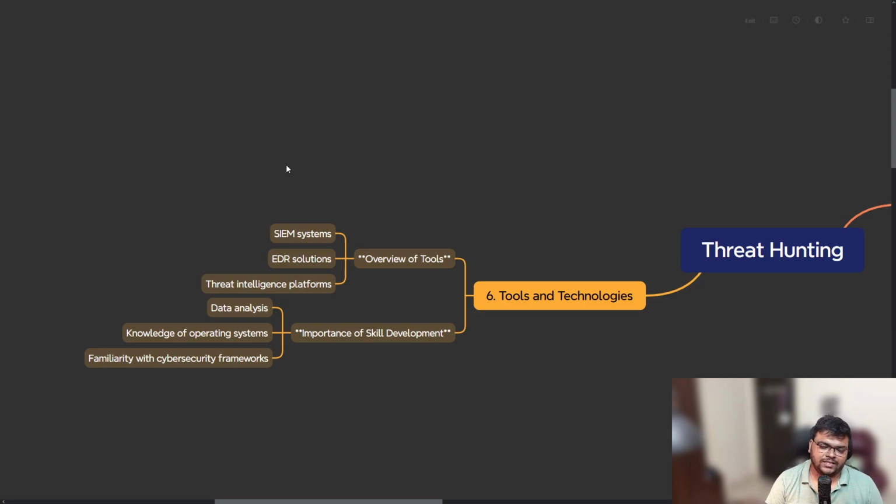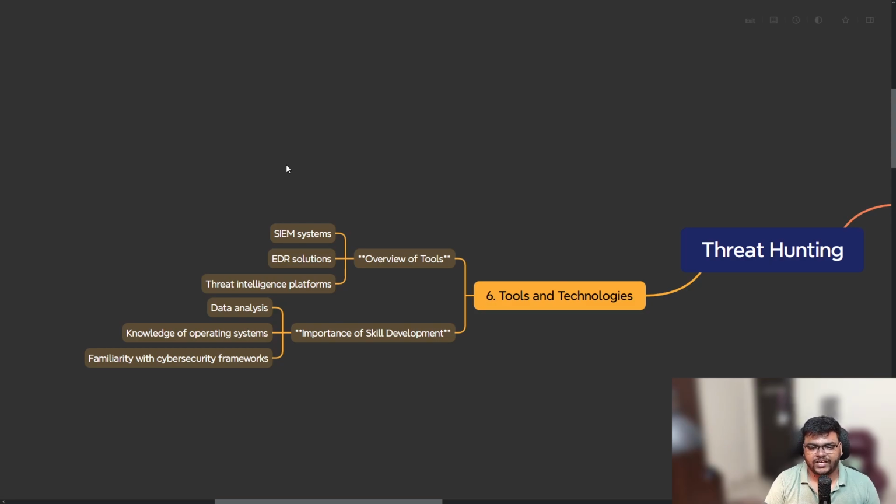Coming back, there is some amount of skill development that will happen when you start hunting. These skills might already be with you before you start hunting, or they might develop over the journey. Data analysis is one of the core skills even for a security analyst, right? You are analyzing a large amount of logs to pinpoint if there is something malicious going on, or you're investigating an alert or an incident.